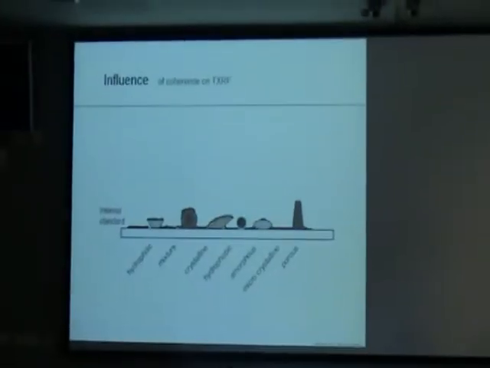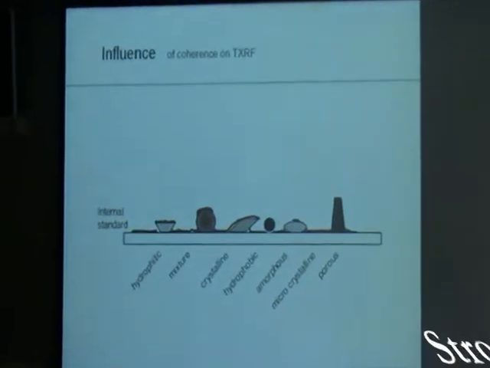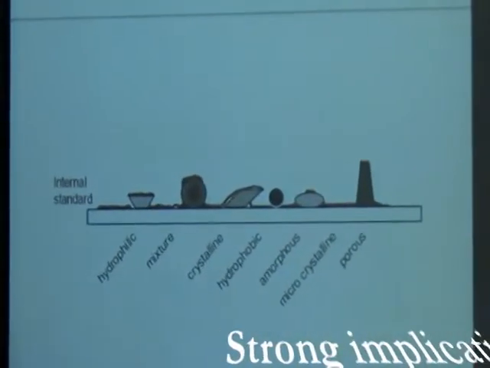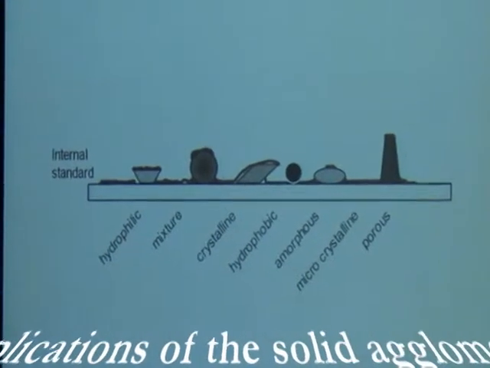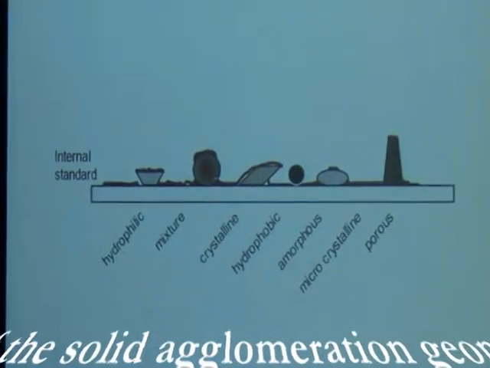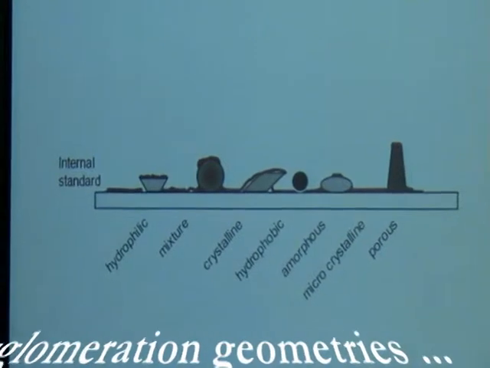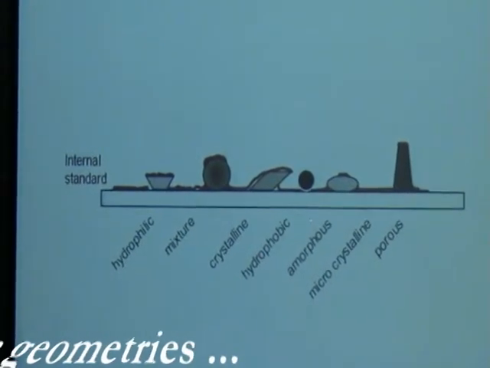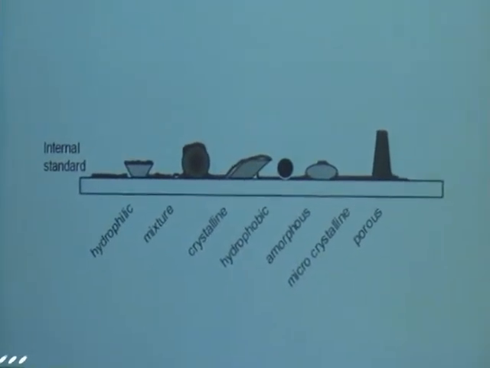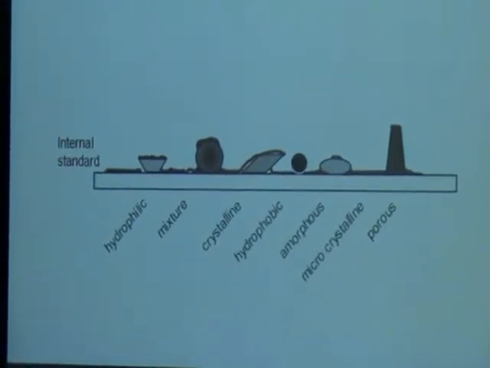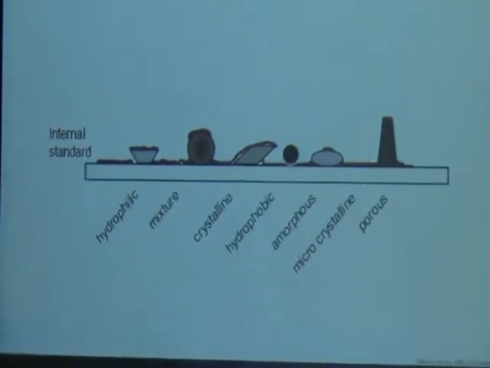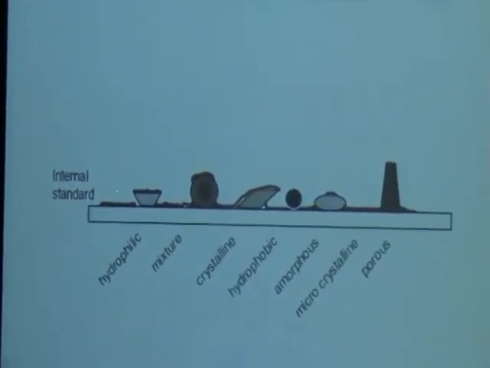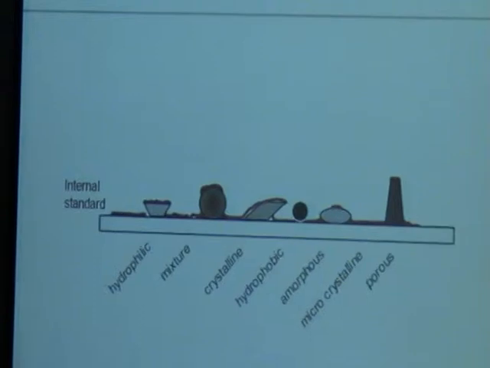However, you will never consider the coherence length in TXRF when we are using an internal standard. But there are different conditions for the internal standard. We have hydrophobic mixture particles which are impregnated, or crystalline hydrophobic particles, or amorphous particles, or some looking like cheese with holes, and you have some residue of your red, in this case red, internal standard, covering your sample.